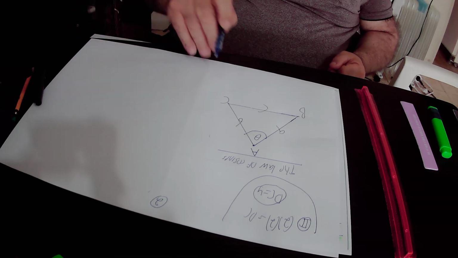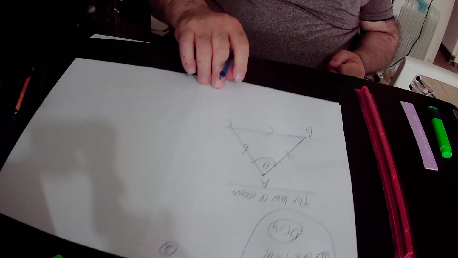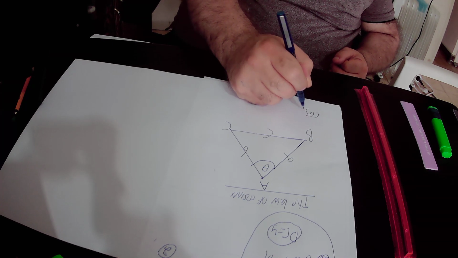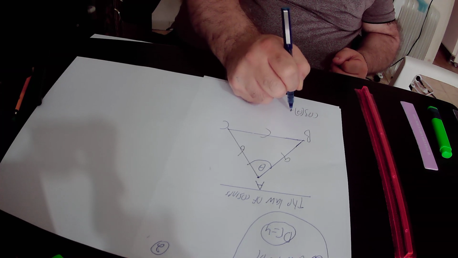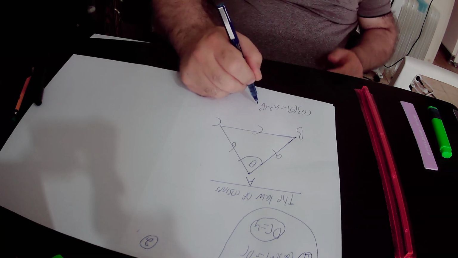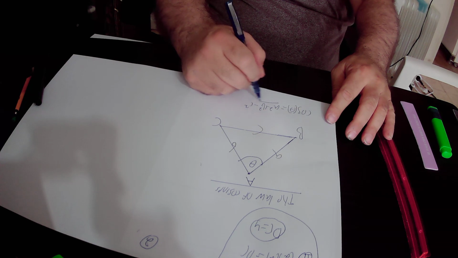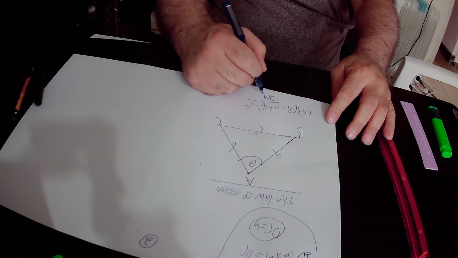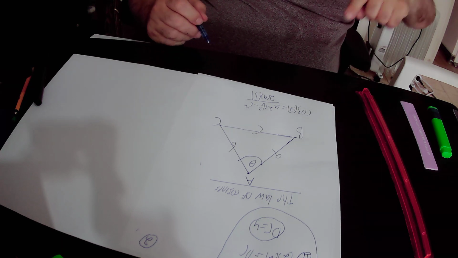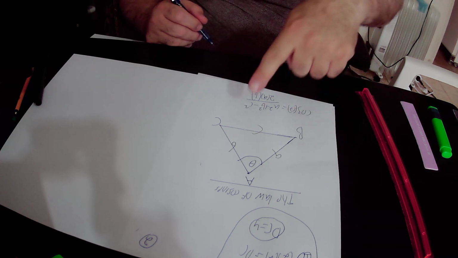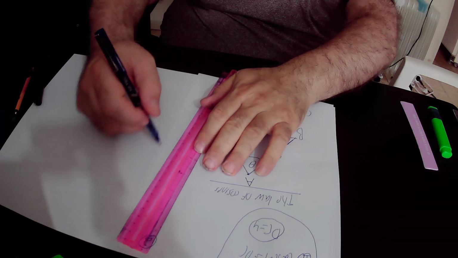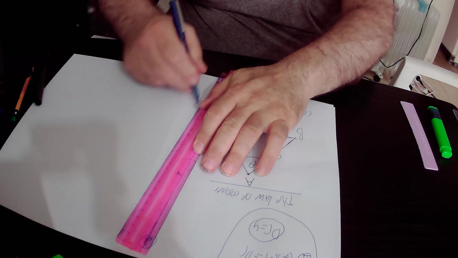Then according to the law of cosines, we get that cosine theta equals a squared plus b squared minus c squared over 2 times a times b. So in any triangle, cosine theta equals a squared plus b squared minus c squared over 2ab. So we'll implement the law of cosines in triangle ABC.